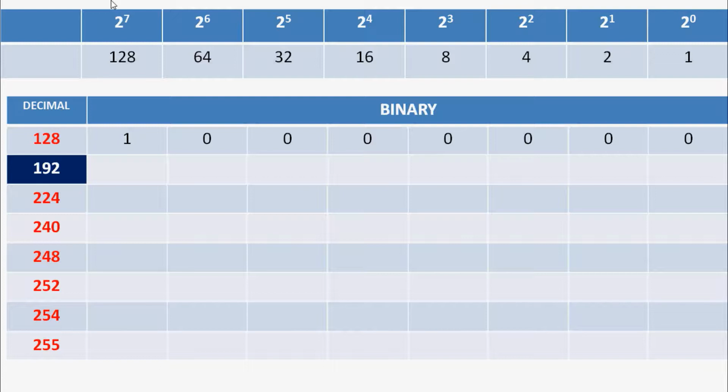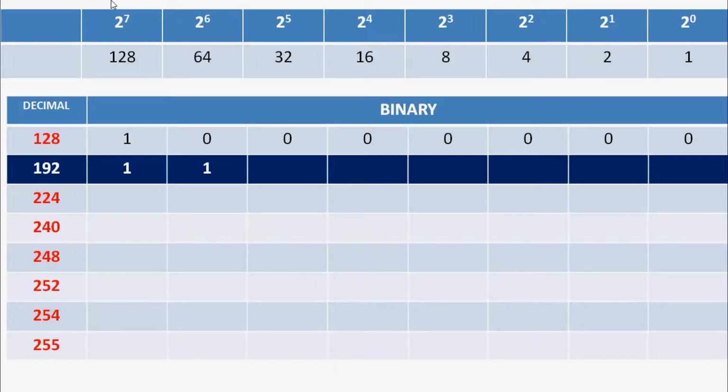Here we can see 8 plus 4 is 12, and 6 plus 2 is 8 plus the carry of 1, so we get 9, obviously 192. So 128 plus 64 is 192. For these two columns we are going to put ones, and in the remaining 6 columns we are going to put zeros. This is the binary value of number 192.